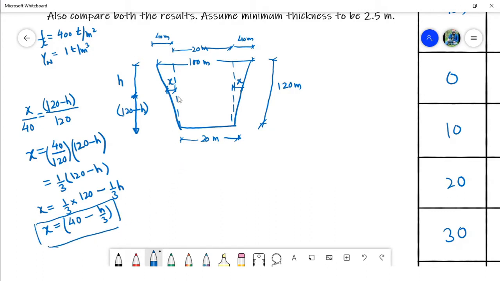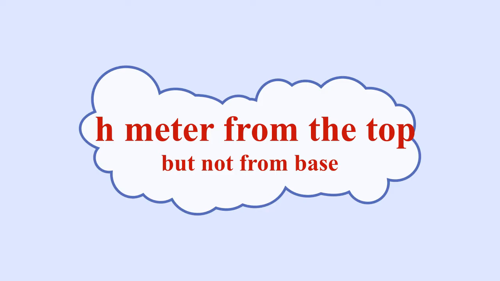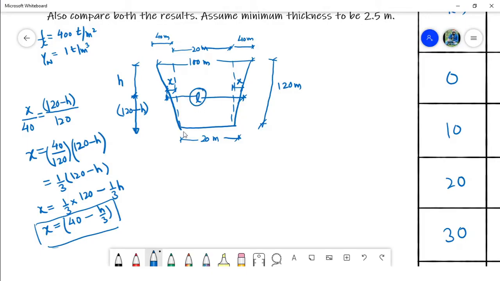If we want to calculate the total width or total span, because this is the span of the arch dam, at any height h meter from the base, the span L is equal to 20 plus twice x.